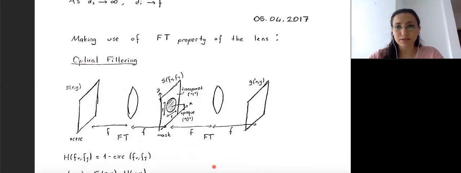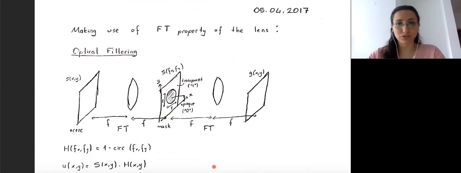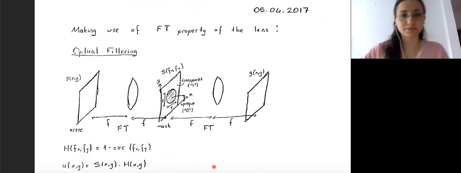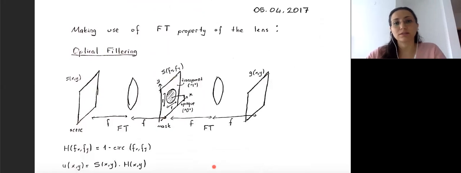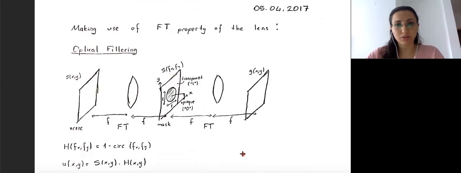Now let's discuss one application of this Fourier transforming property. How can we use that in applications? Of course, a simple application of Fourier transforming is filtering. So we can filter an image the way we want by using the 2F system.